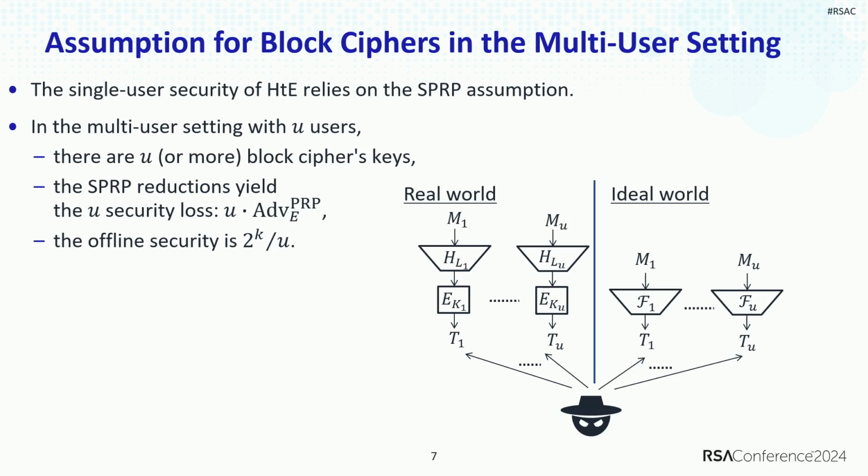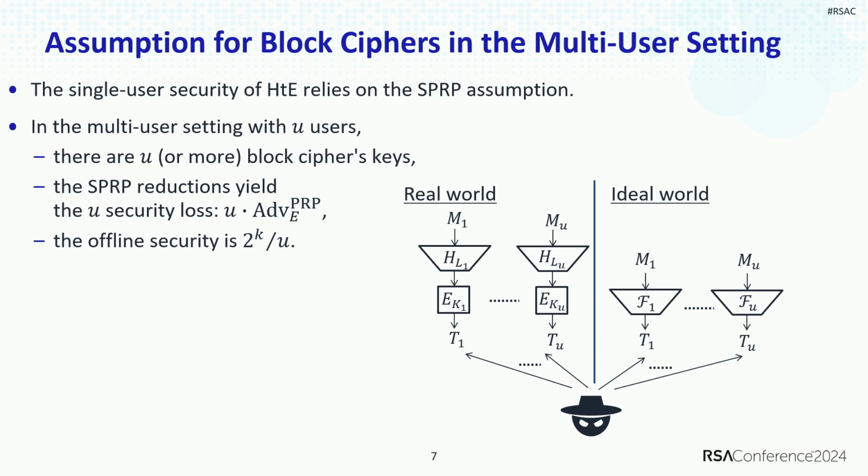Regarding the assumption for the block cipher, the single-user security of HT relies on the SPRP assumption. However, in the multi-user setting with U users, there are at most U block cipher keys. So in the security proof, the U block ciphers are replaced with U random permutations.